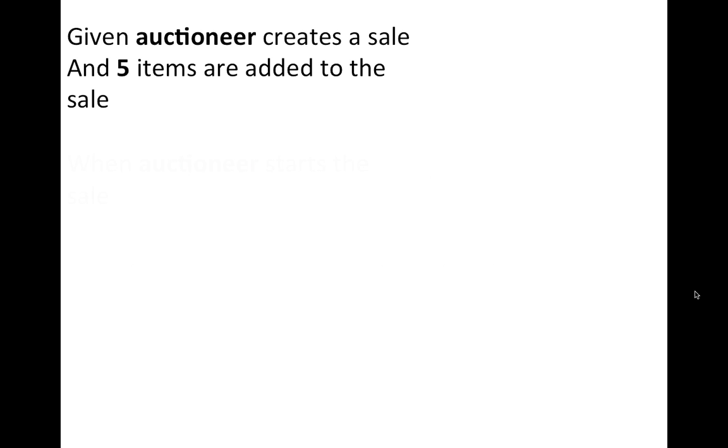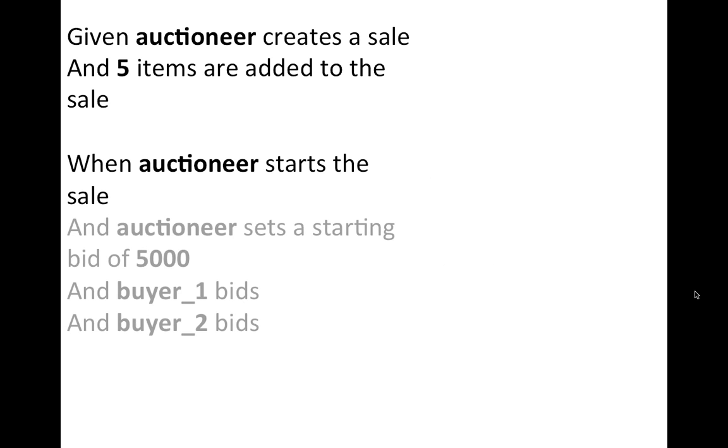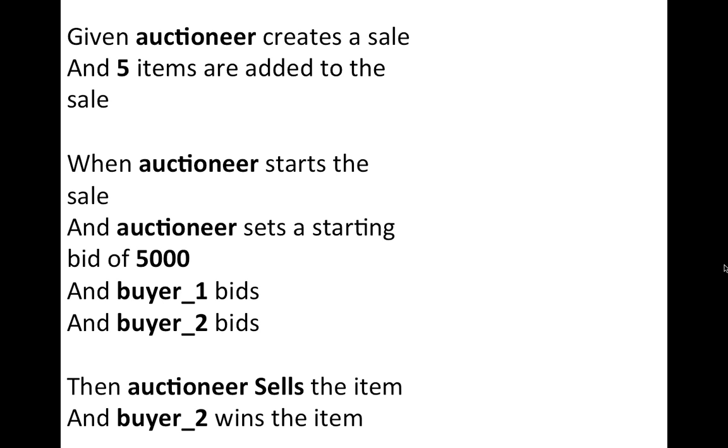Given auctioneer creates a sale and five items are added to the sale, when auctioneer starts the sale, an auctioneer sets a starting bid of 5,000 and buyer one bids and buyer two bids, then auctioneer sells the item and buyer two wins the item.